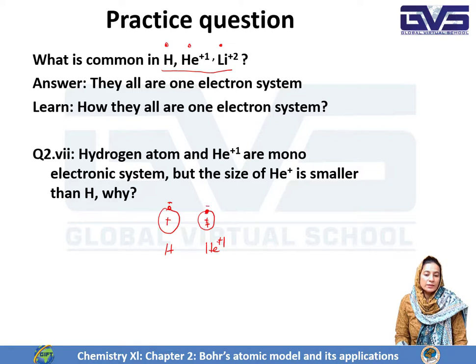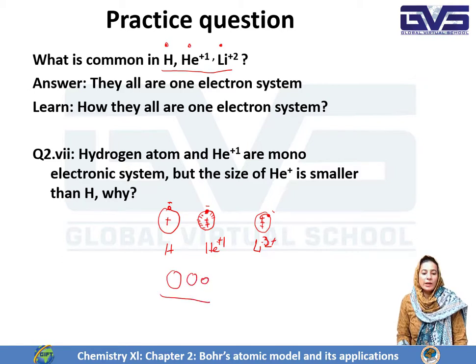Here you can see one positive is attracting one negative, and in this case two positive charges are attracting one, so this radius is reduced, so its size reduces. Similarly, lithium 2 plus has 3 positive charges and 1 electron, so 3 positive are attracting 1, so the size will be gradually reduced for helium and then lithium.